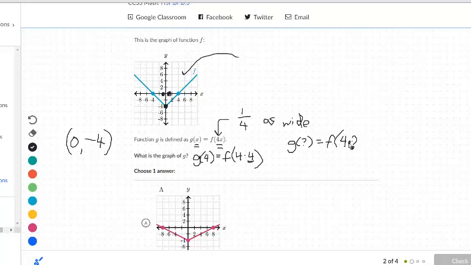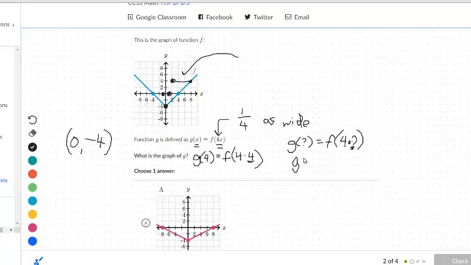Okay, so that's a multiplier in there. So G of some number is F of 4 times that same number. So if I want to find like G of 2, it would be the old F of 8. So this F of 8 is now just going to slide over here and be the new 2. Okay, because my G of 2, if I put in 2 here, I have to put in the same number for the same question mark.